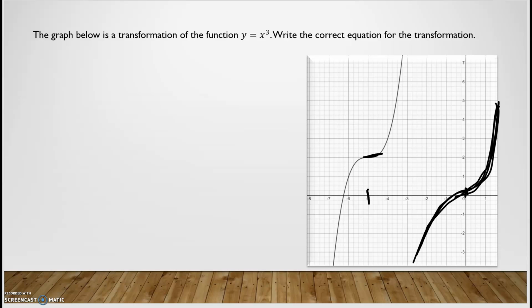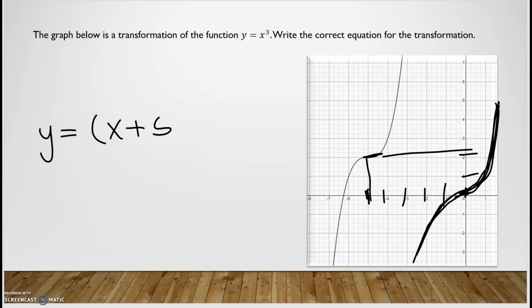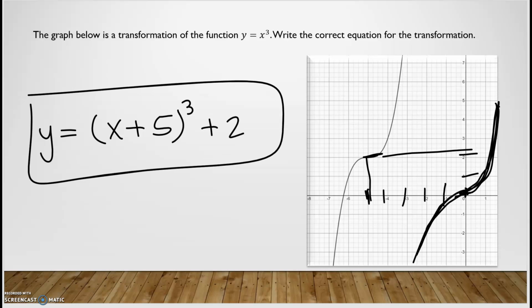Let's see, 1, 2, 3, 4, 5 units to the left, and then it's gone 1, 2 up. Okay, so we've gone to the left, so we've got y is equal to x plus 5 cubed, and then plus 2. And that would be our transformation formula.